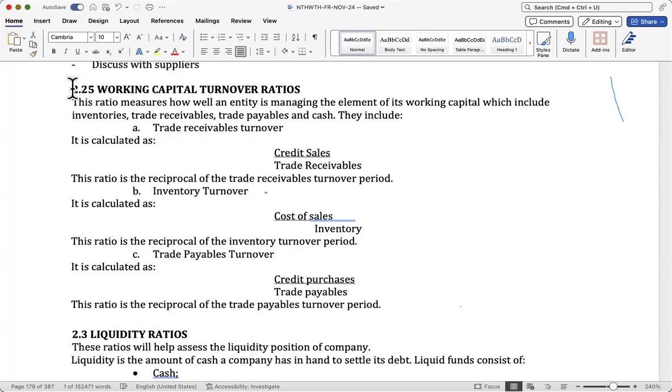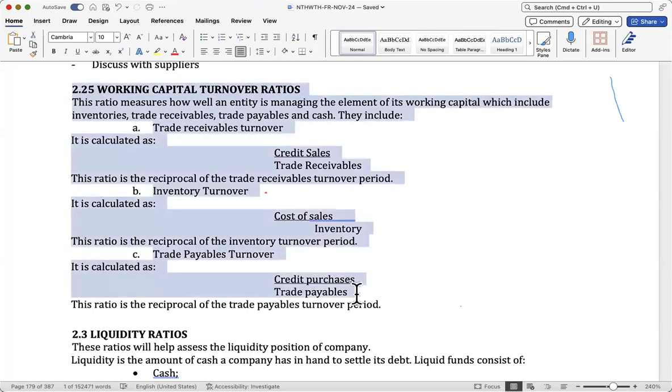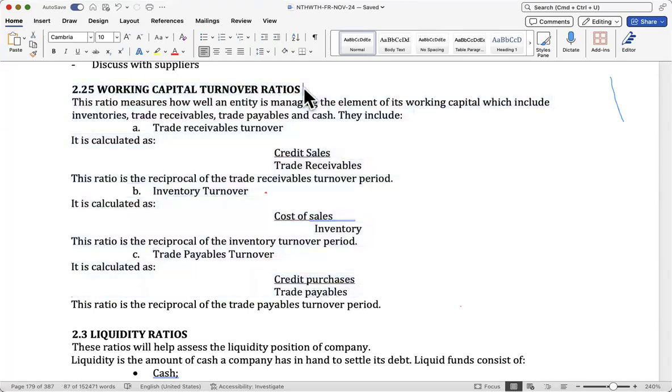So this is the other one ICAN does not ask. Still under working capital, but this one is turnover ratios. It's just the reciprocal of the efficiency ratios. Trade receivable turnover is the reciprocal of the trade receivable turnover period. When I say reciprocal, they switch the denominator and the numerator.